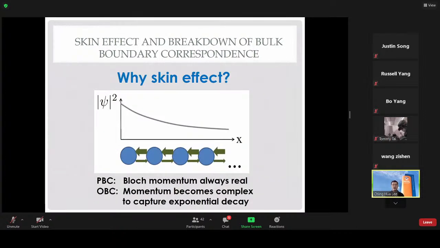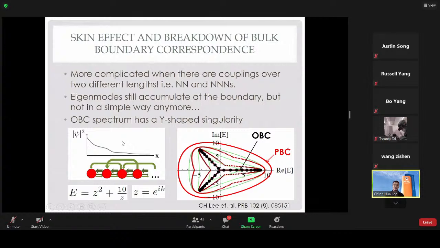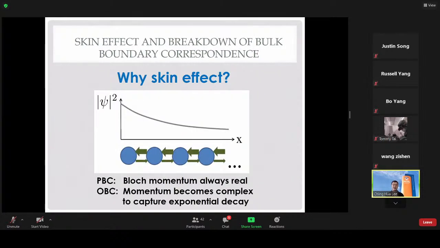But when you have open boundary conditions, you can imagine that if you have an initial wave function, the state will be amplified more in one direction than in the other. So it will have to accumulate somewhere. The state will just get bigger and bigger as it evolves until it reaches a boundary where it stops moving, because there are no more hoppings for it to continue being amplified.